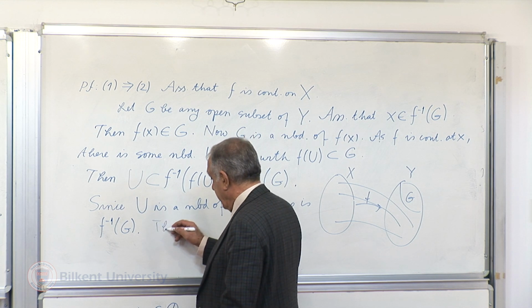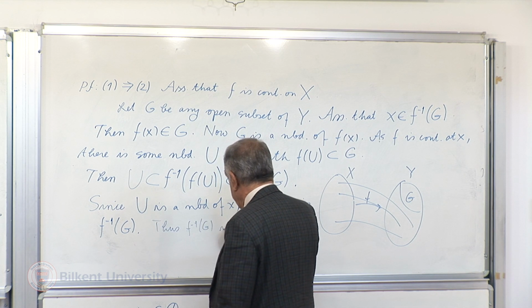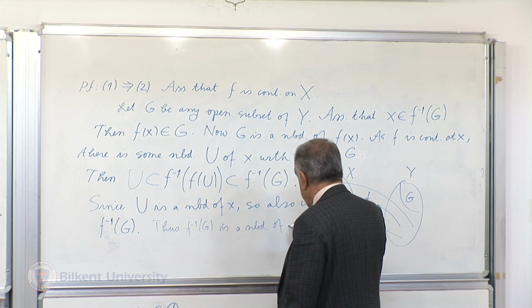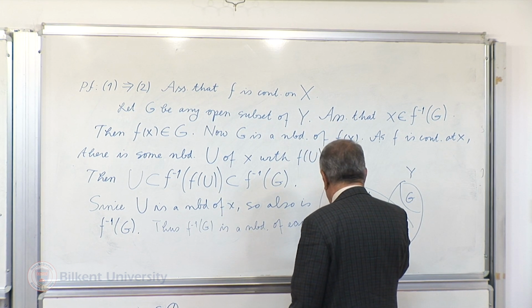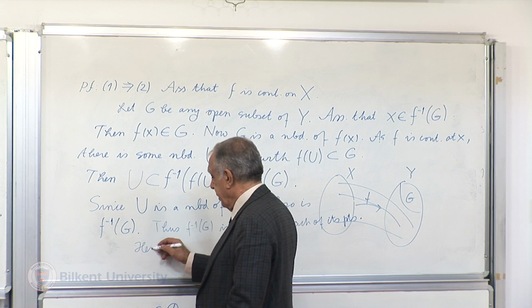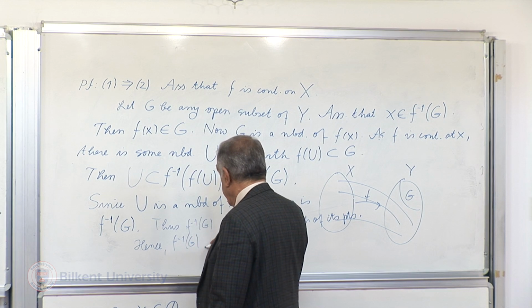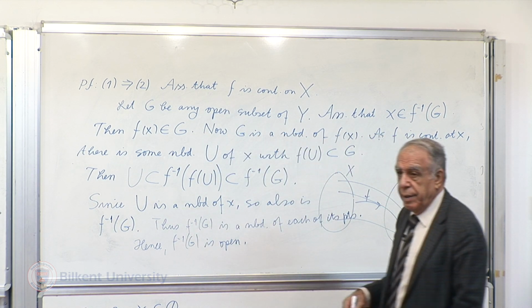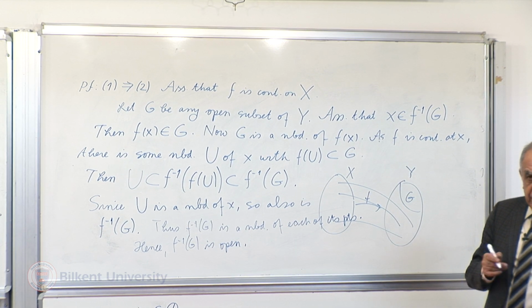Thus, f inverse G is a neighborhood of each of its points. Hence, f inverse G is open.